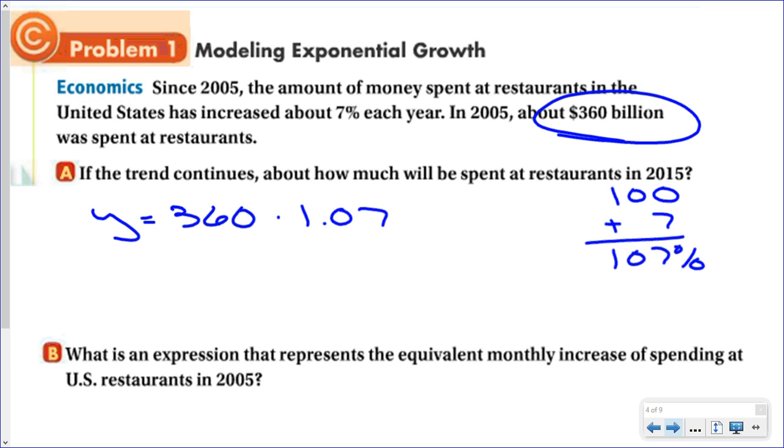And then now we have to figure out time. That was in 2005. And if the trend continues, about how much will be spent at restaurants in 2015? So from 2005 to 2015, that's 10 years later, where the X would be right here, guys, I'm going to replace that with the number 10.